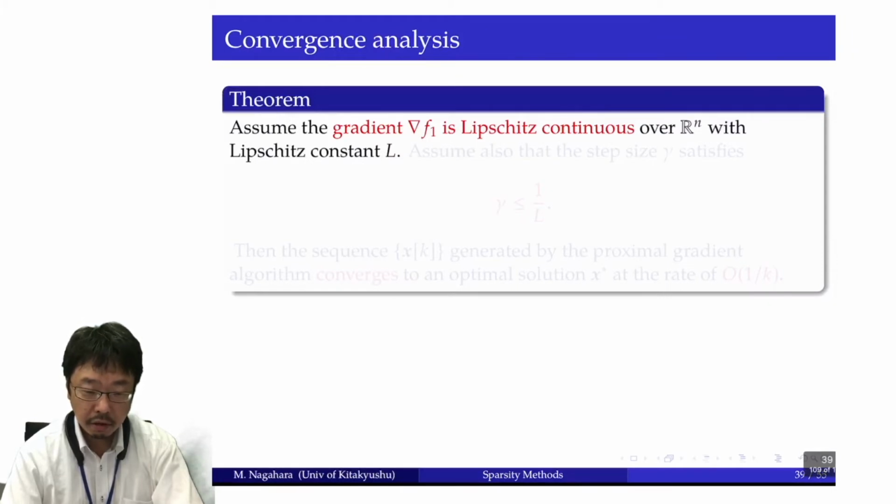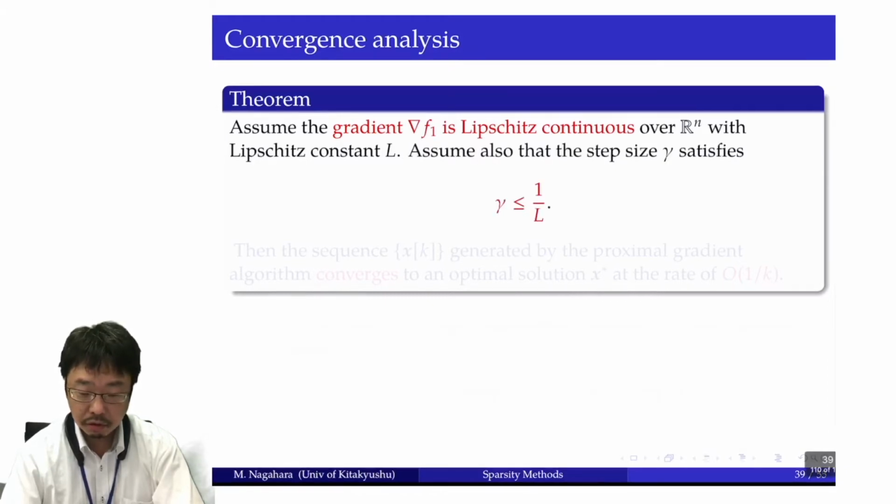This is a theorem for convergence of the proximal gradient algorithm. Assume that the gradient nabla f1 is Lipschitz continuous over R^n with Lipschitz constant L. Assume also that the step size gamma satisfies this inequality.